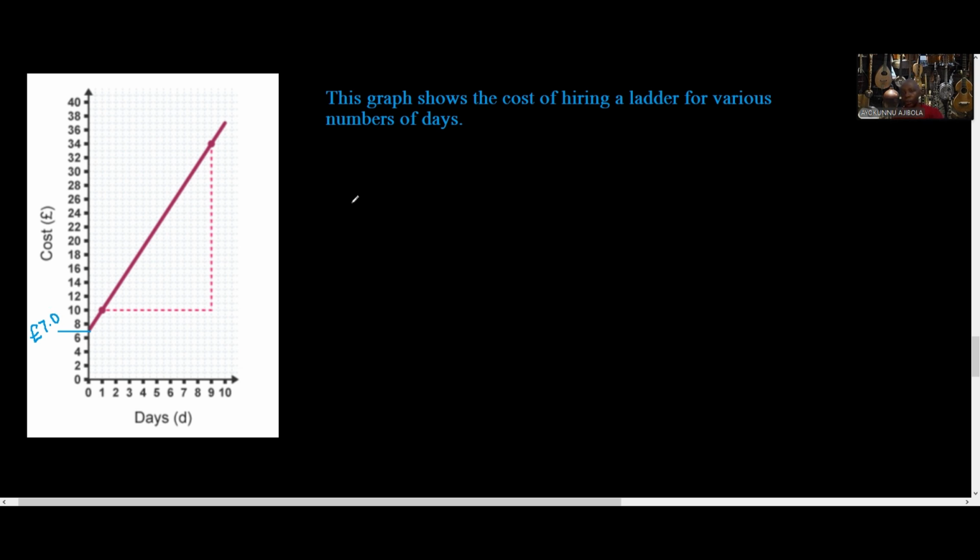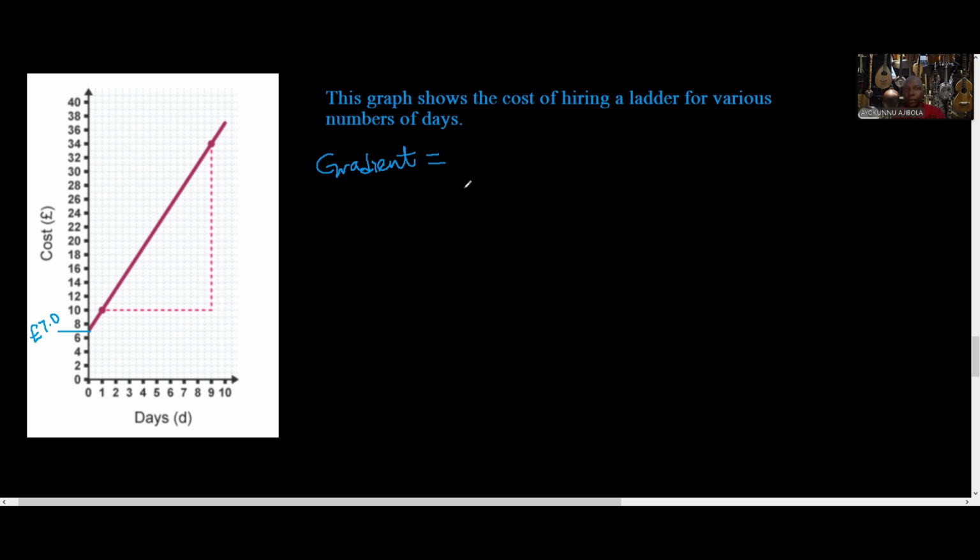Now, to get the gradient of this, we can follow this triangle, picking 2 points on the graph. Are you there? Can you hear me? Yeah.